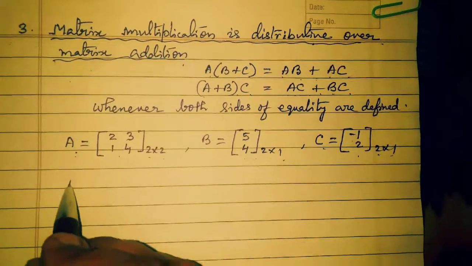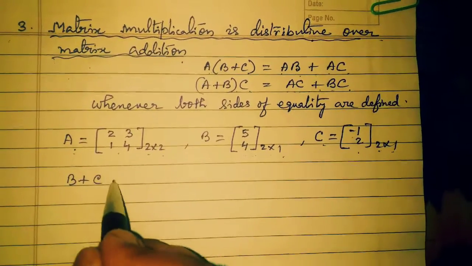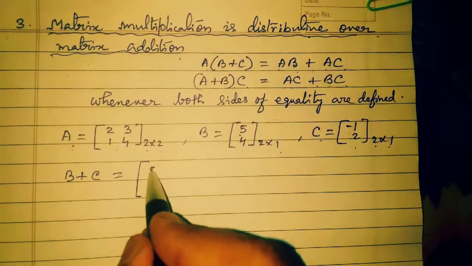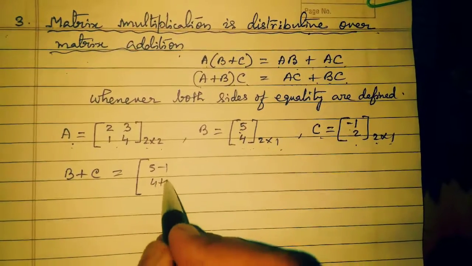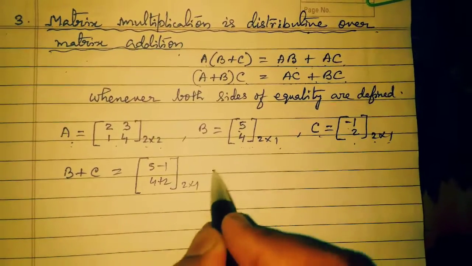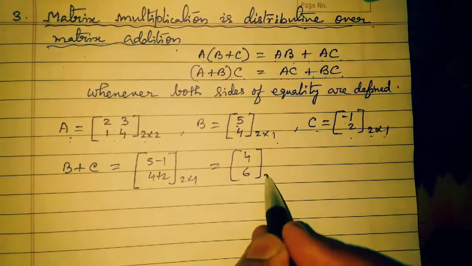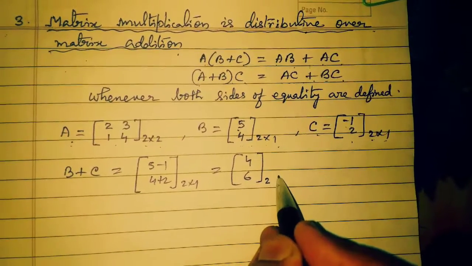First we'll add B plus C. B plus C is possible to add because both orders are the same. If we add, we get 5 minus 1, which is 4, and 4 plus 2, which is 6. So we get a 2 into 1 matrix, 4 and 6.